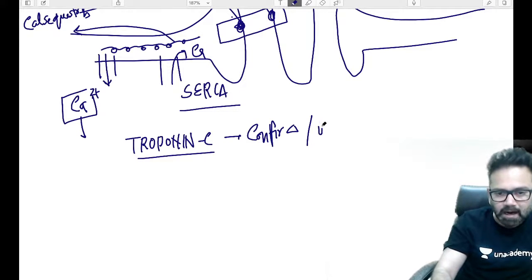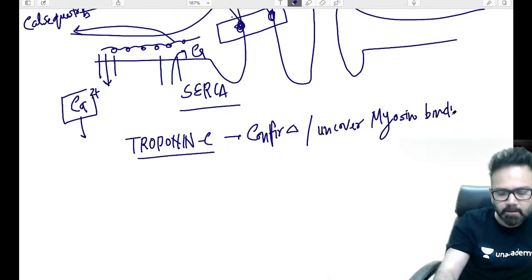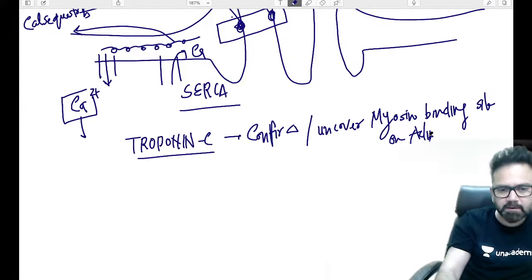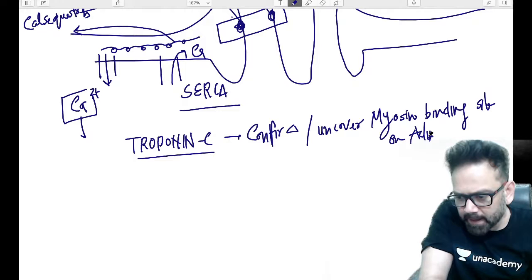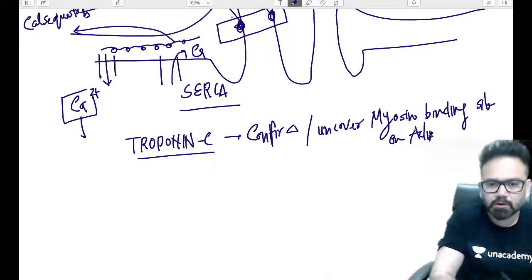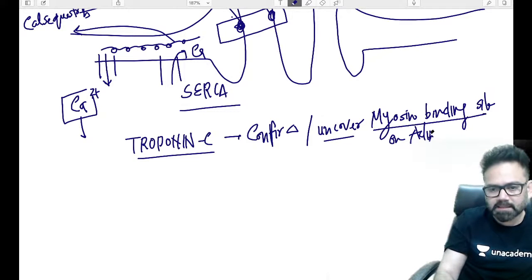That conformational change will uncover the myosin binding site on the actin filament, and this will lead to actin myosin binding. Yes, Avinash, it binds to troponin C, and thus it causes conformational changes. Yes, very good. And it uncovers the myosin binding site on actin, and that will cause contraction.